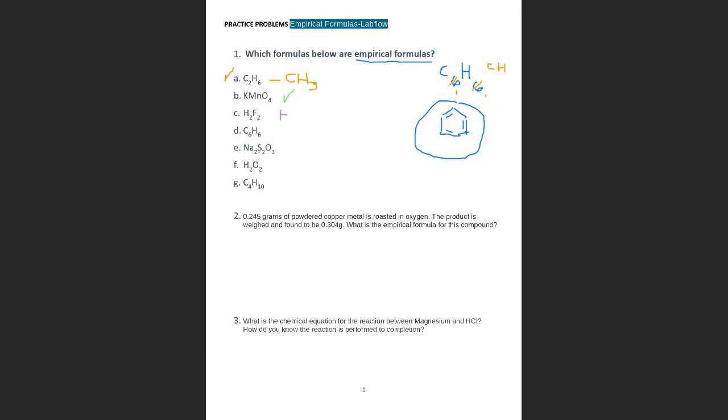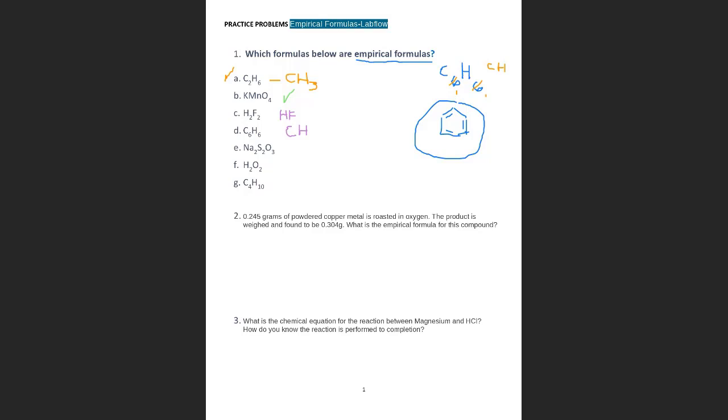No, very good. Exactly, thank you. Let's look at the next one. Well, I already did it. Carbon 6, hydrogen 6. This is not an empirical formula, and the empirical formula will be carbon hydrogen.